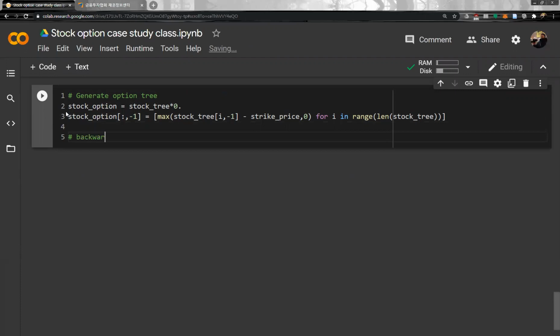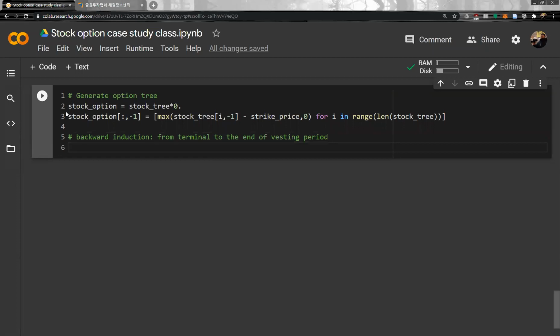Backward induction. This is from terminal to vesting period, to the end of vesting period. So it is a period of American option. Okay.